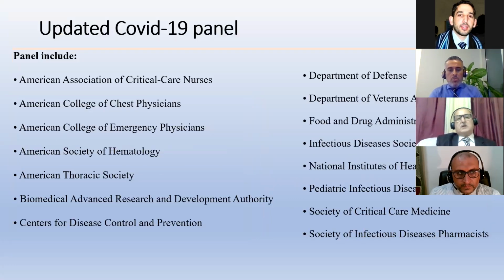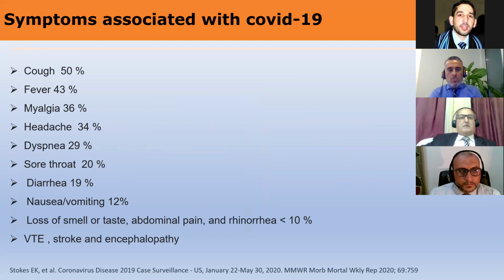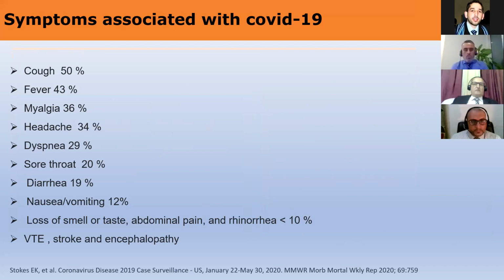In fact, these are the panels updating the management of COVID-19. From many meta-analysis studies, the symptoms of COVID-19, or what we call SARS-CoV-2, they found that most of these symptoms are non-specific, but in general, cough is the main presenting symptom in more than 50% of the cases.